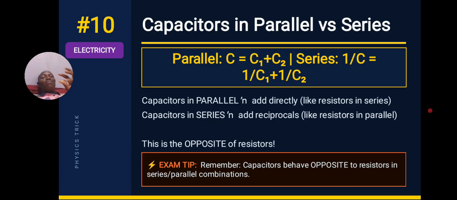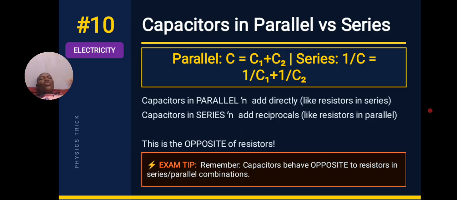Please, if this explanation is not clear, just chat me in the comment section. Let me explain it clearly, because we must answer questions here. Every year questions come from this place. So JAMB may even tell you, instead of asking you to calculate, they might say, capacitors in series are usually calculated as resistors in A parallel, B series, C opposite, D closed, and ask you to choose the answer.